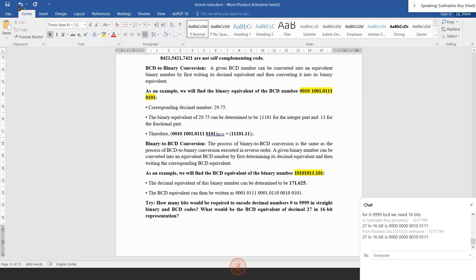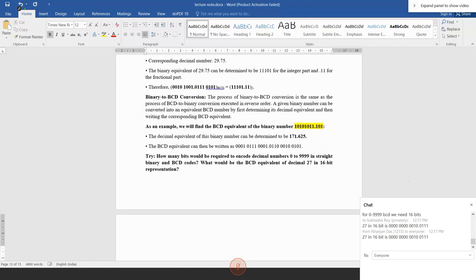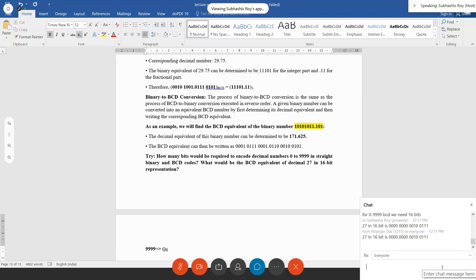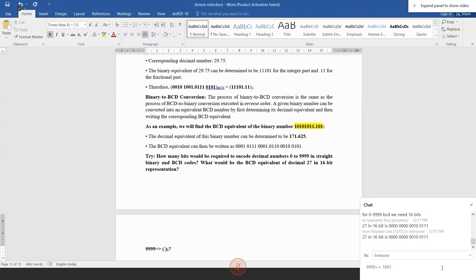So basically, if I give you a hint for this problem, you need to represent the number 9999, which is a decimal number. So what will be the number of bits here?